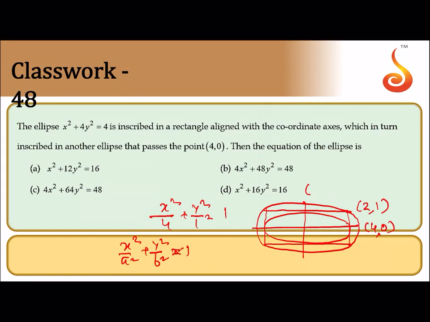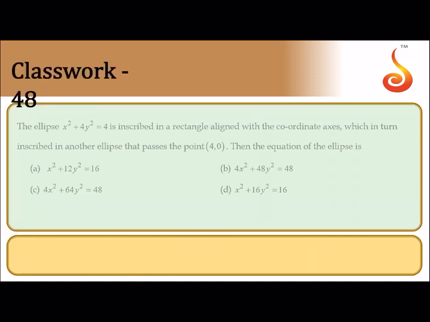The standard ellipse is x square upon a square plus y square upon b square is equal to 1. Substitute (2, 1) and (4, 0) in this, and you get the required equation of the ellipse: x square plus 12y square is equal to 16.